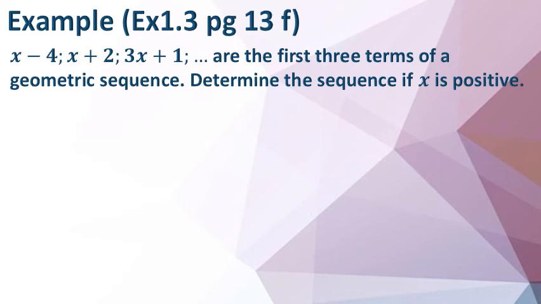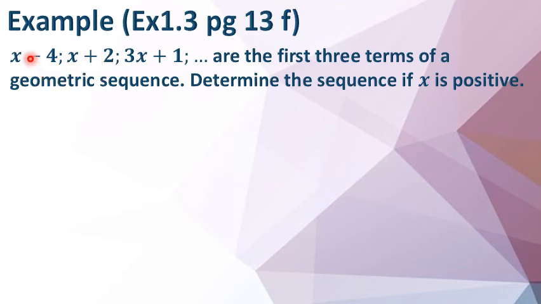So it's all here in the question, and I warn you, later on in the year when you do revision, a question like this is going to creep up, and you're going to disregard the fact that they have told you this is a geometric sequence, right? The minute you see the word geometric sequence, you need to think constant ratio, constant ratio, constant ratio. What does that mean?